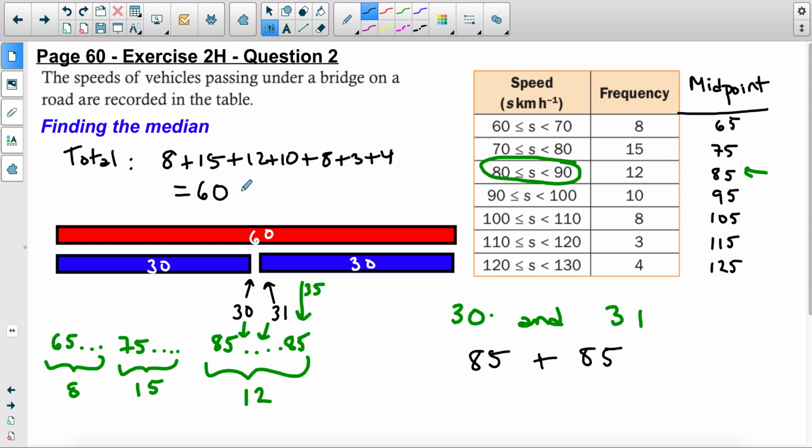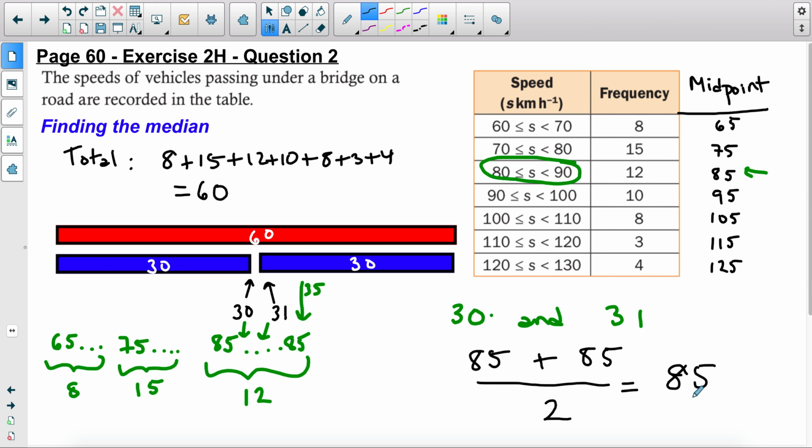And as before, because we have an even set of data, we don't have an exact middle value. We only have 2 values that are in the middle. What you have to do is add them together and divide by 2, and this will stay as 85.